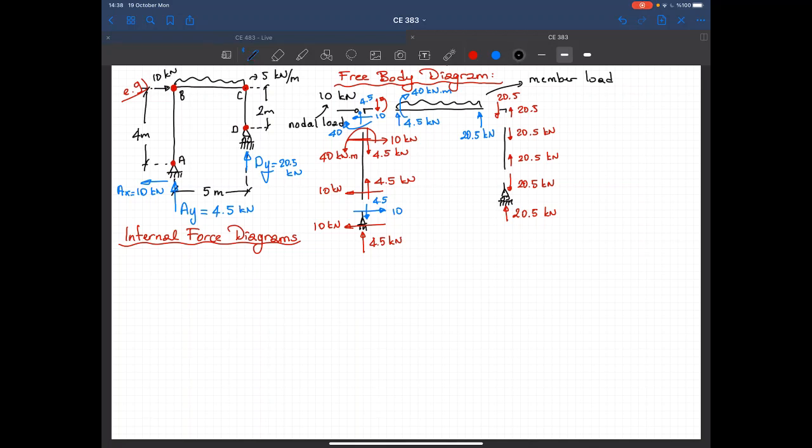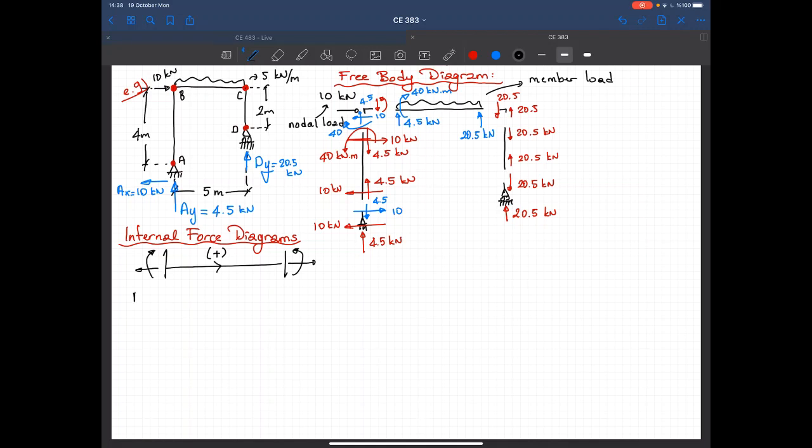But before drawing them, we should define our sign convention. So here I am showing the positive direction. For the axial forces, the tension is positive. These are the shear directions, and these are the positive moment directions.